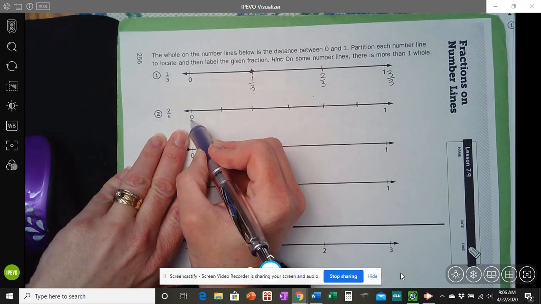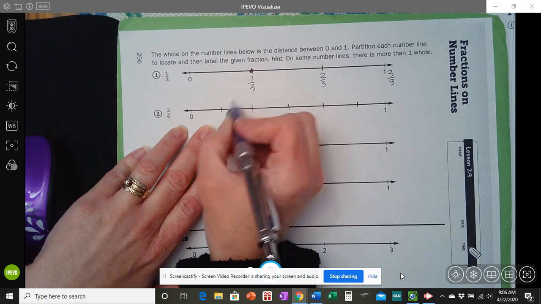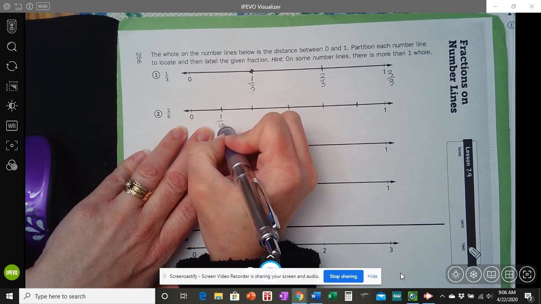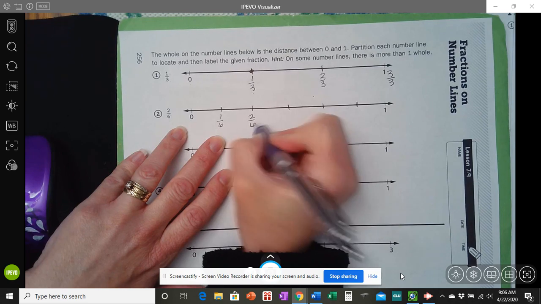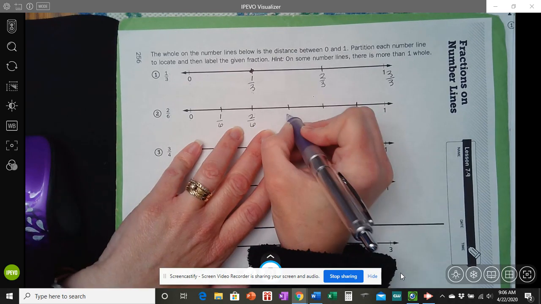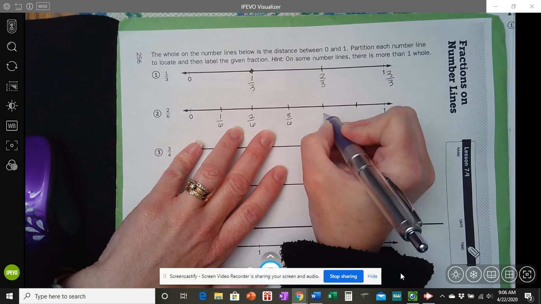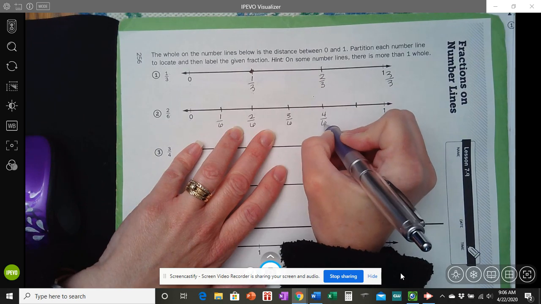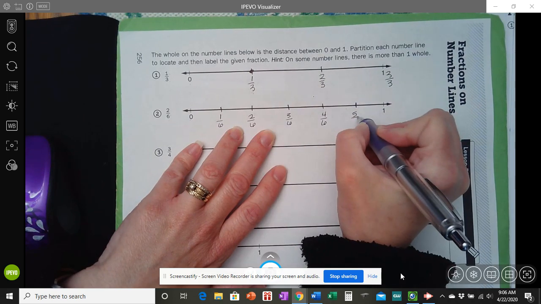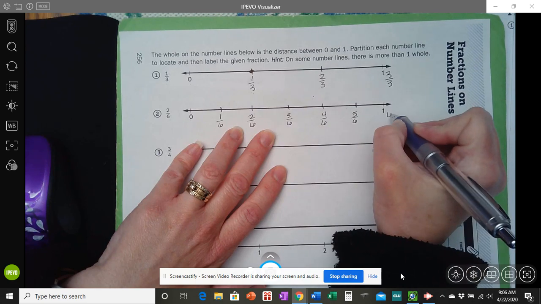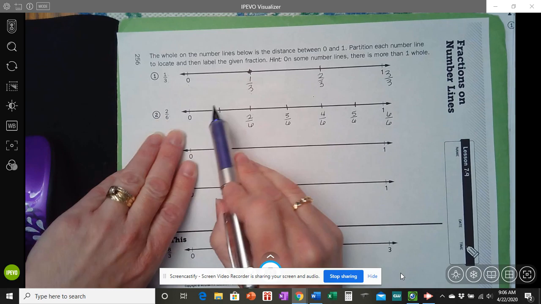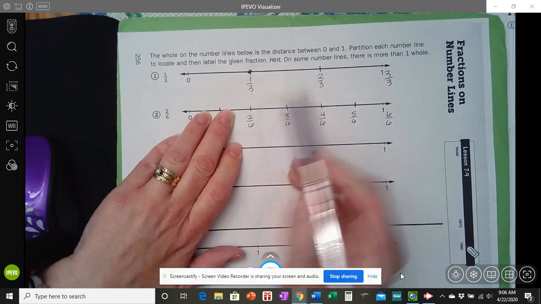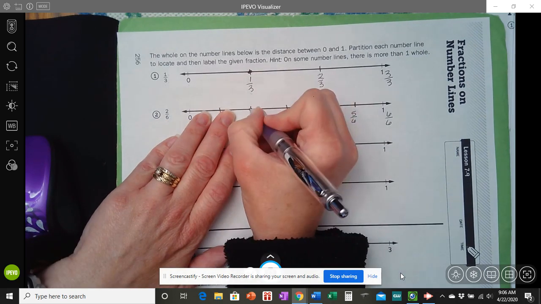So here is 0 out of 6. This first section would be 1/6. The next one would be 2/6. We now have 3/6. Then 4/6, 5/6, and 6/6. So I'm going to count 2 pieces, 1, 2, and I'm going to label it with a dot.